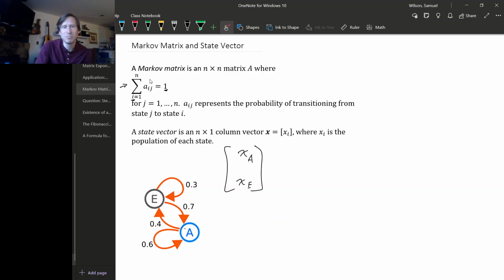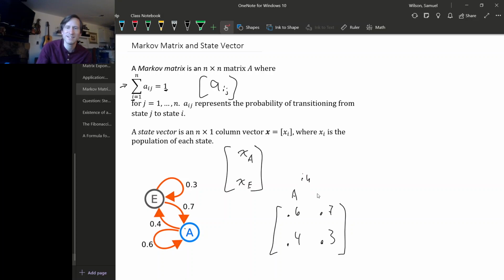So that's the idea, but what's the link between the transition matrix, Aij, and this state vector, Xi, or I guess we could just call it X? Well, the way we have things set up, remember our transition matrix, 0.6, 0.4, 0.7, 0.3, right?